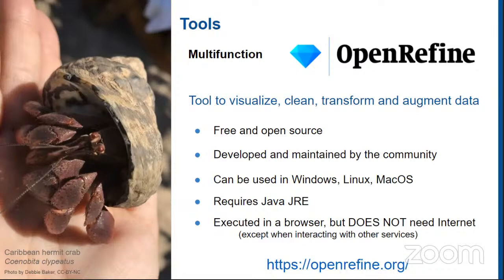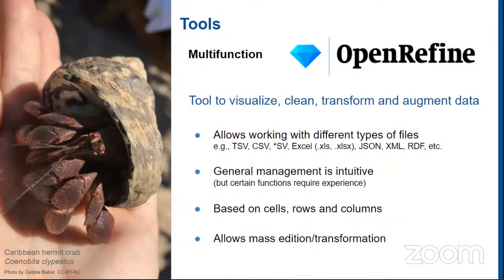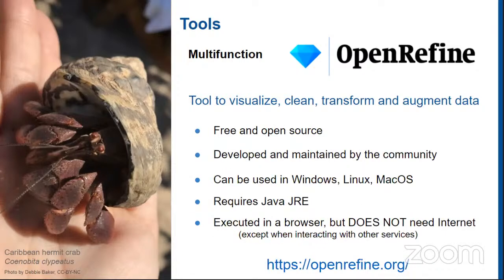I mentioned before that we could use the global names resolver, for example, to add information, and we actually can do that through OpenRefine. So OpenRefine is free and open source. It is developed by the community and maintained by the community.